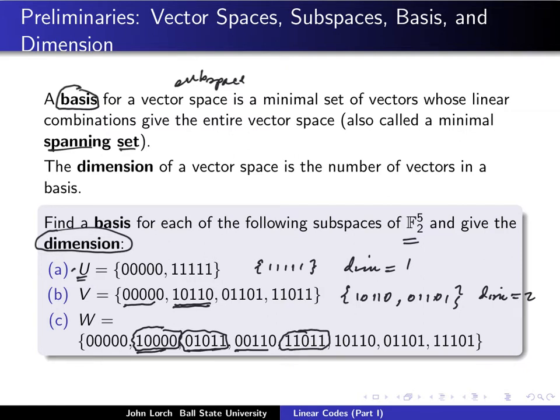Then I submit to you that those 3 that I circled are not a basis for W, because if you look at the first 2 circled vectors and you add them together, you'll get the third circled vector. And so the first 2 circled vectors together with a third circled vector will only give you a set of size 4.